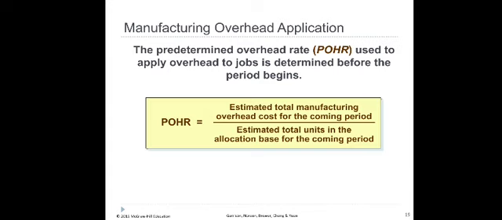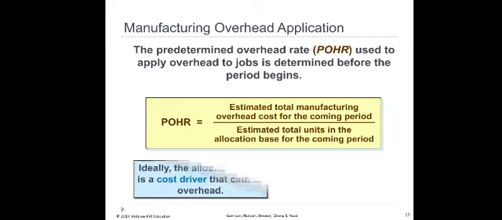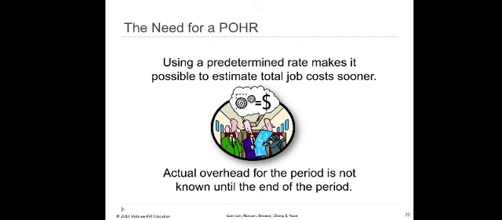Okay, how to calculate the predetermined overhead rate? The formula is estimated overhead cost divided by the estimated allocation base. The predetermined overhead rate is an estimate. The reason you use an estimate to calculate the overhead cost for a job is because you want to calculate the cost quickly.